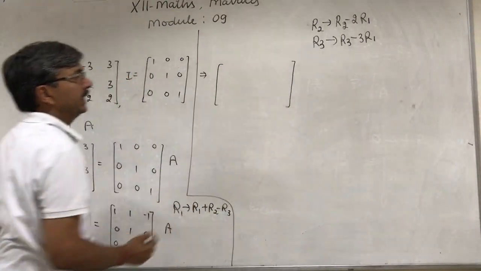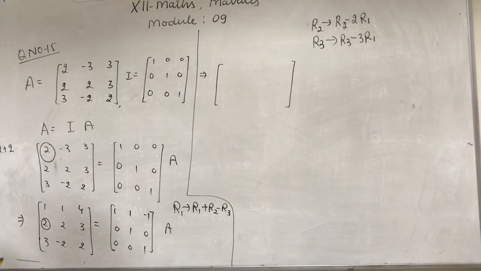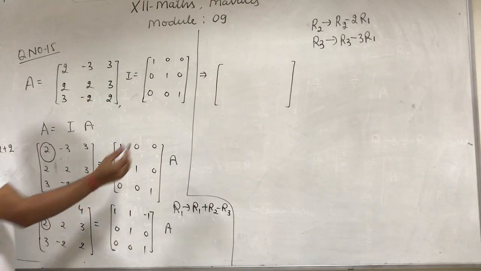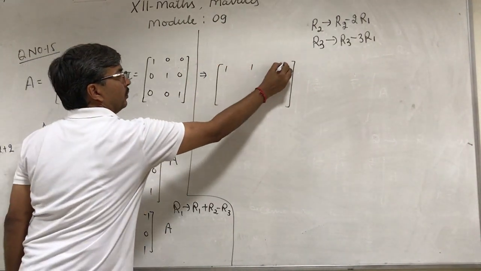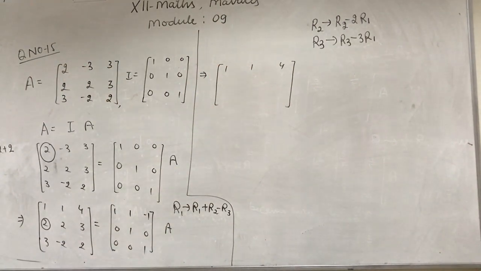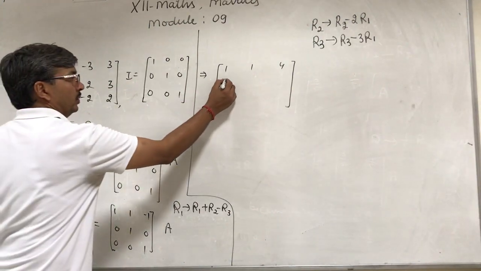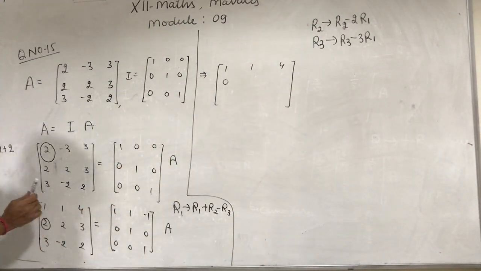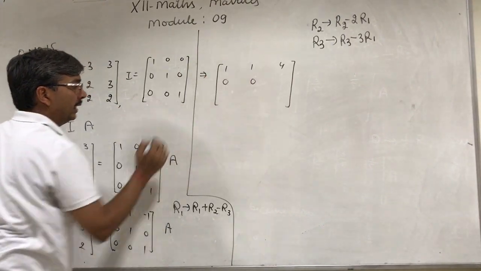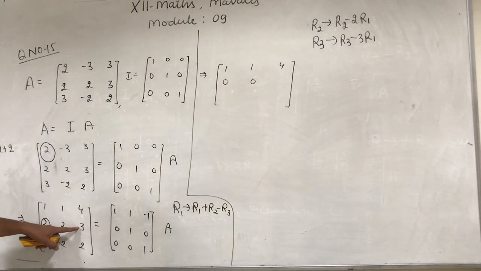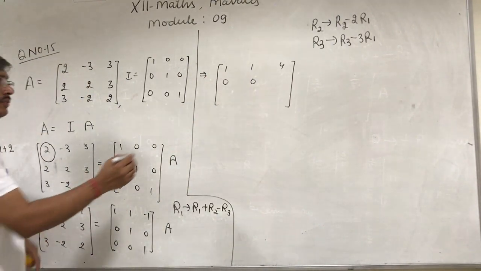first of all we will change R2. It means R1 as it is, 1, 1, 4. R2 minus twice of R1, 2 minus 2, 0, 2 minus 2, 0. And 3 minus 8, minus 5.